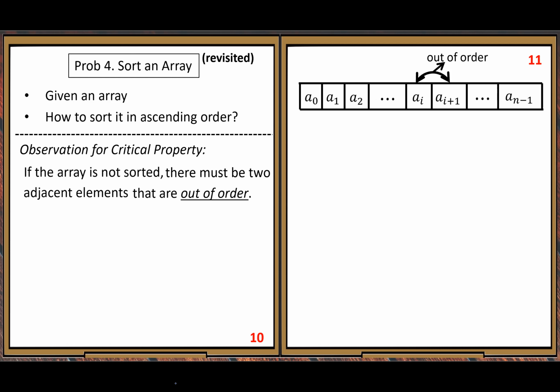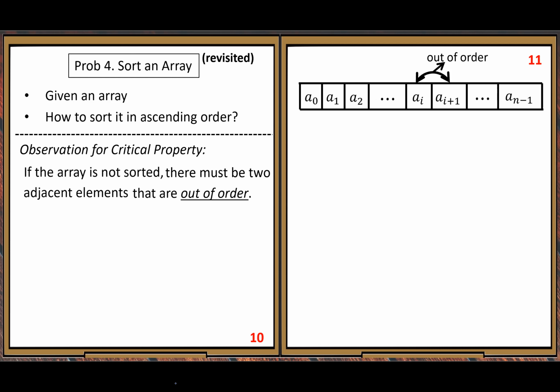Can we say the whole array has already been sorted? Yes, any two adjacent elements are in ascending order. By the transitivity property, the whole array must be ordered.